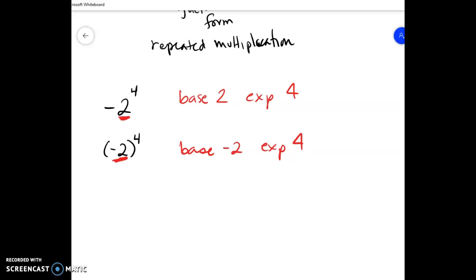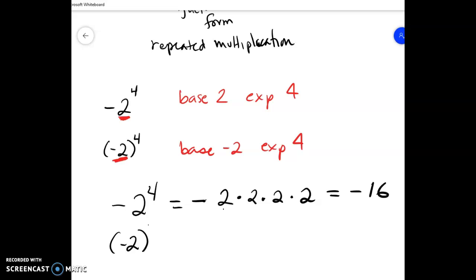So let's actually do these problems. What would it look like? So negative 2 to the fourth. Think of it as like if I had a negative 1 here, it'd just be negative 1, or the opposite of 2 times 2 times 2 times 2. So you don't include this in with the base. So 2 times 2, that's 4, times another 2 is 8, times another 2 is 16, and then take the opposite of that, negative 16.